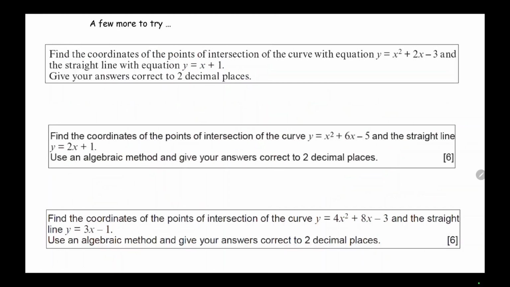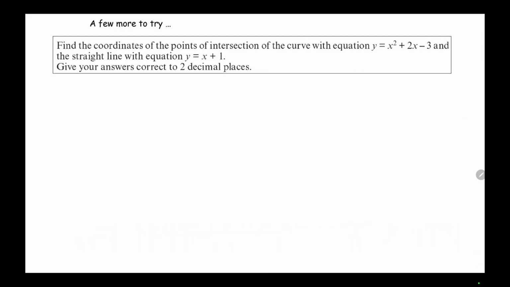So there are 3 questions for you to try, and I'd like you to pause the video and try these yourself. Right, let's go through the first one then. Just like before, with the first question, we need to equate the 2 parts.